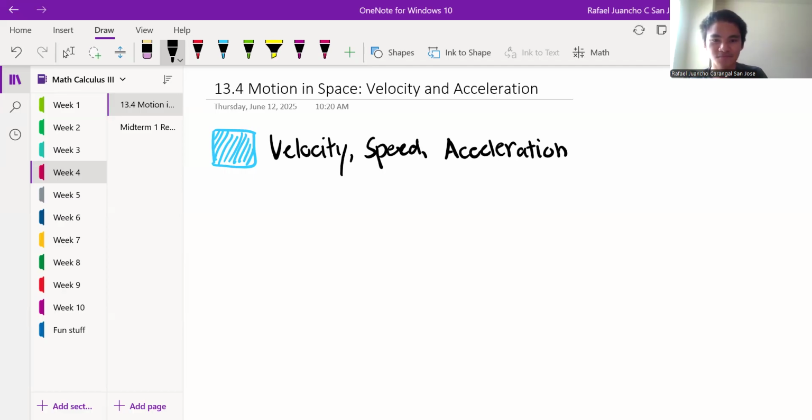Velocity includes direction, so velocity is speed with direction. Speed doesn't have direction. So that's why the absolute value of velocity, or I think it was the other way around. No, it's this way. It's just speed.